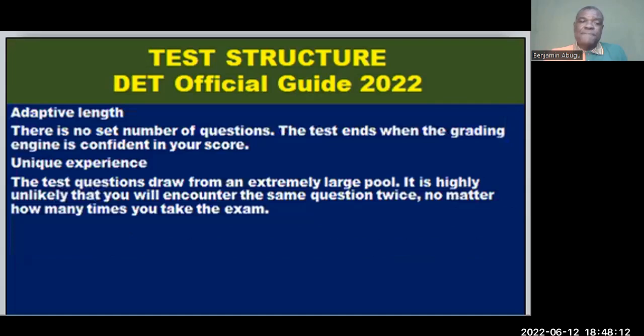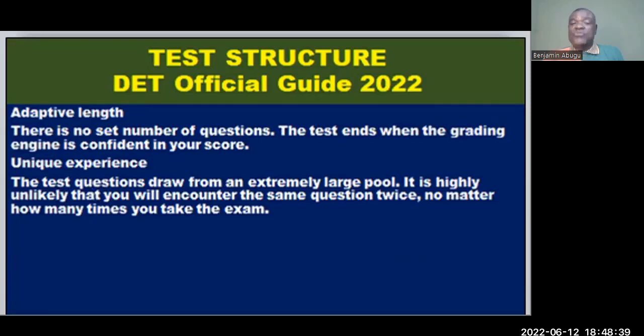Now, still on the test structure, talking about the adaptive length. You see, there is no set number of questions. The test ends when the grading engine is confident in your score. Take note of this. So it's a unique experience.